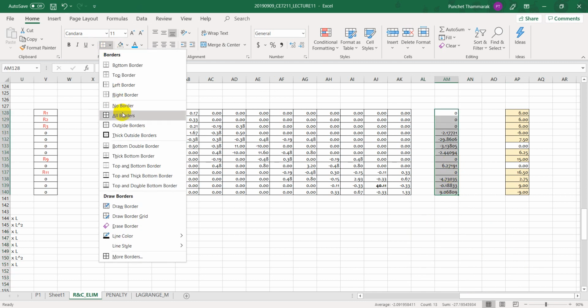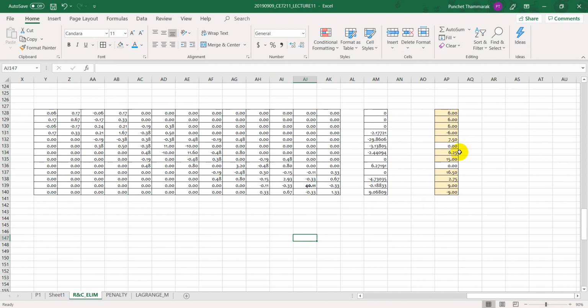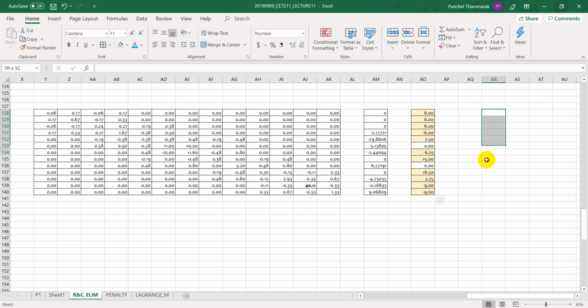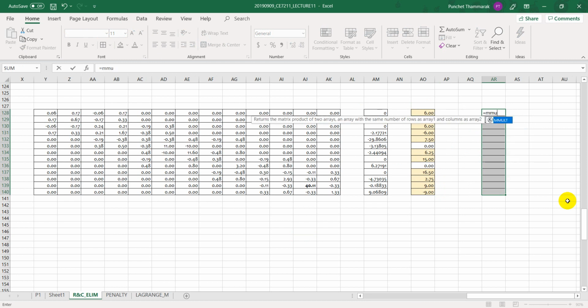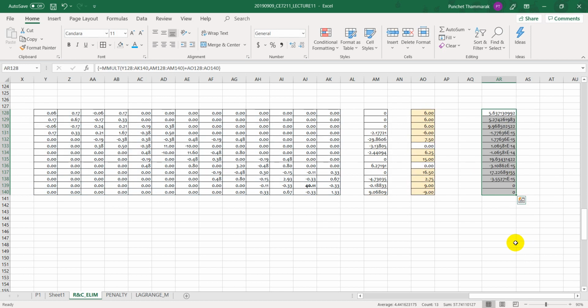So this is the thing. And that's going to add up with this one, and it will turn out to be the following matrix. You multiply this with this one, and then you add it up with this one. There you go, you get it.